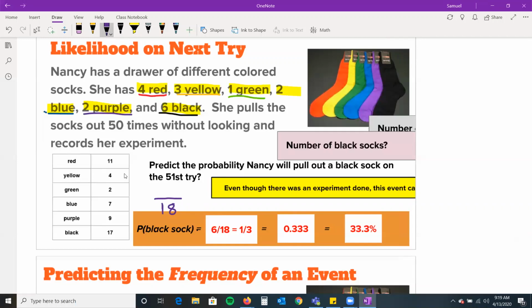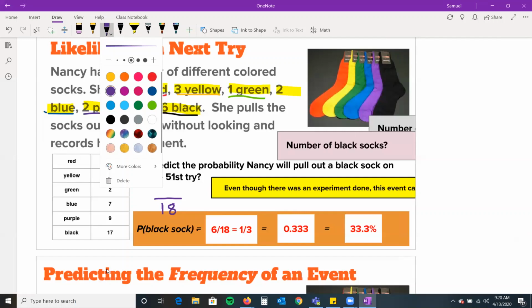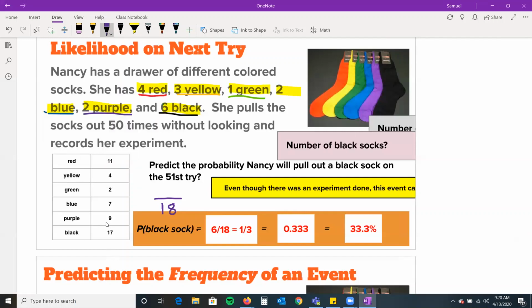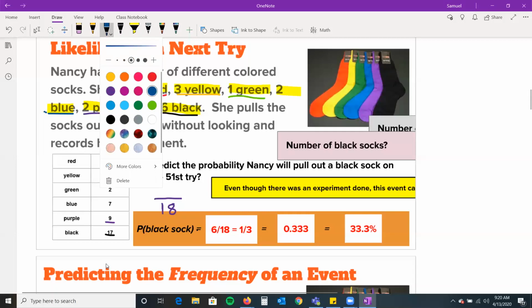So she did this 50 times, and apparently there were 9 purples, there were 17 black draws. There were 7 times where she drew a blue sock. Right?